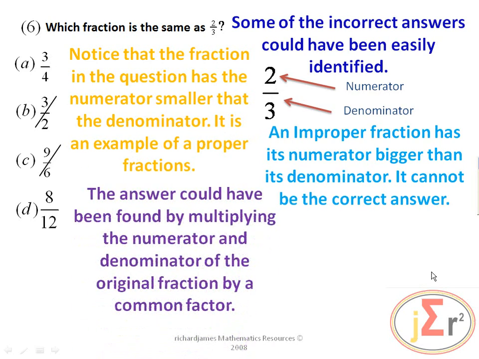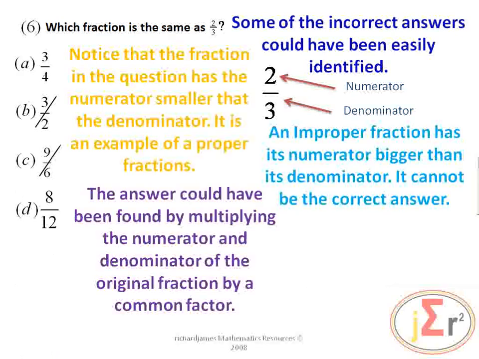The answer could have been found by multiplying the numerator and denominator of the original fraction by a common factor. So instead of reducing this one by a factor of 4, we could multiply this one by a factor of 4. And if we get 8 over 12, then we know that this option is actually equal to 8 over 12.